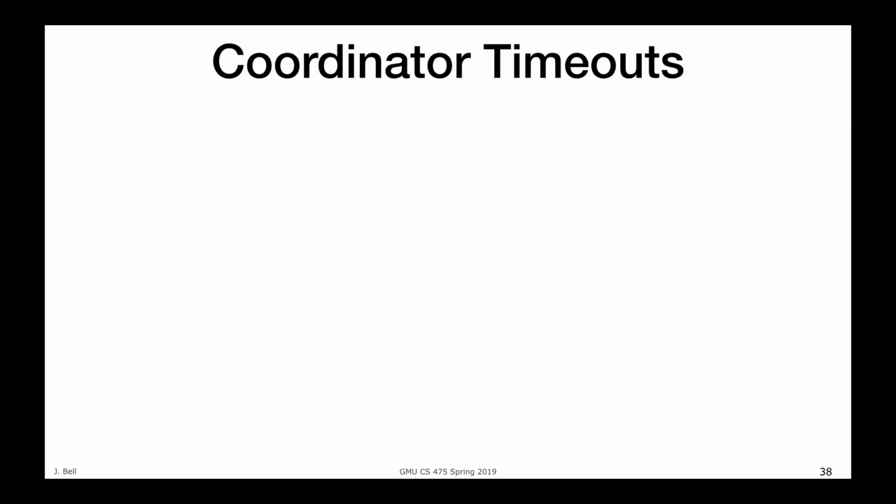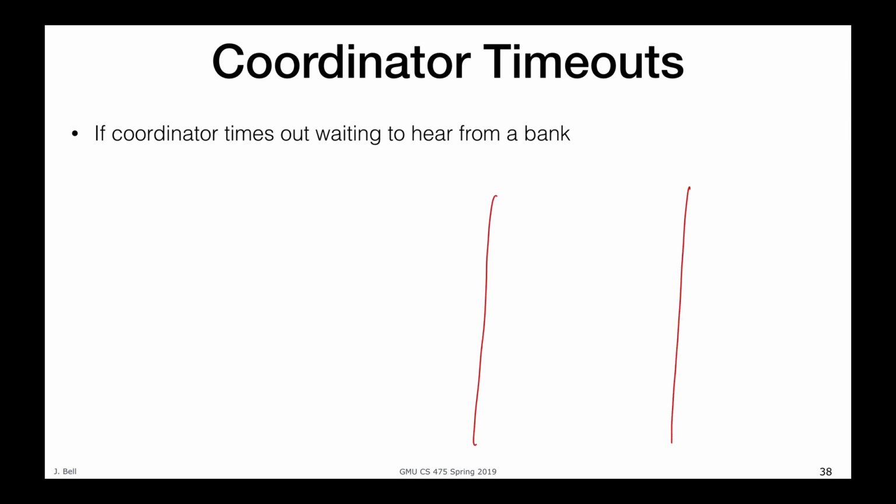So just to put it all in a few slides, here are the different scenarios and how and why we can go down each route. If we're the coordinator and we time out while waiting to hear from some bank, let's remember the different phases of the protocol.